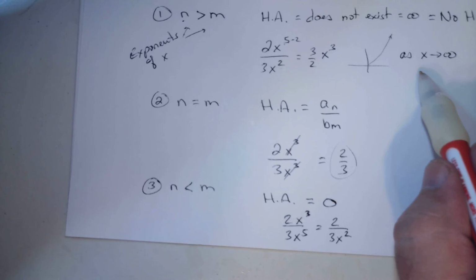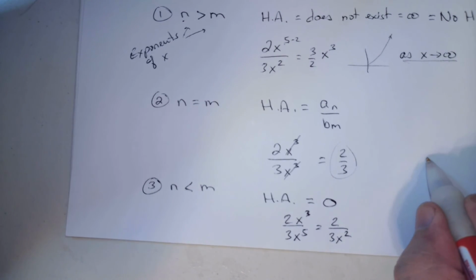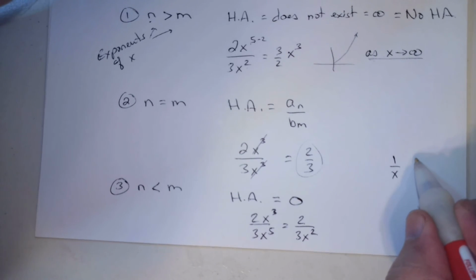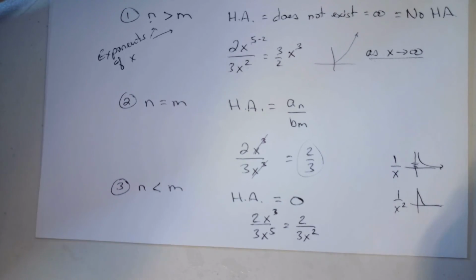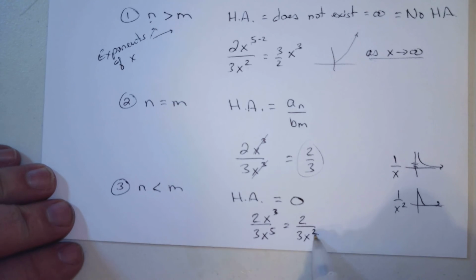Remember, as x goes to infinity, 1 over x, remember what the graph looks like this way. It gets really, really close to 0. If I have 1 over x squared, it goes to 0 a lot faster. So as x gets larger, this number gets smaller, smaller, smaller.